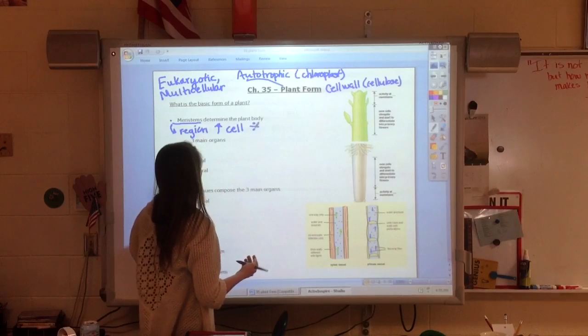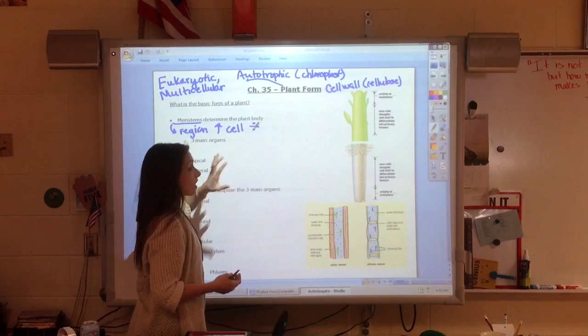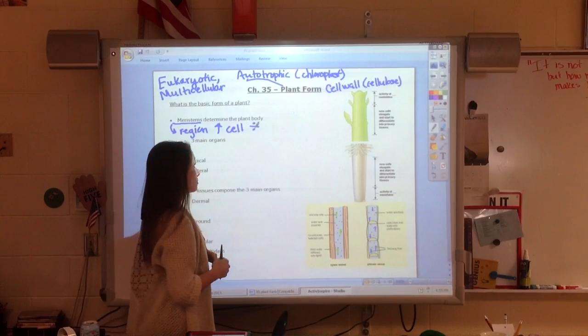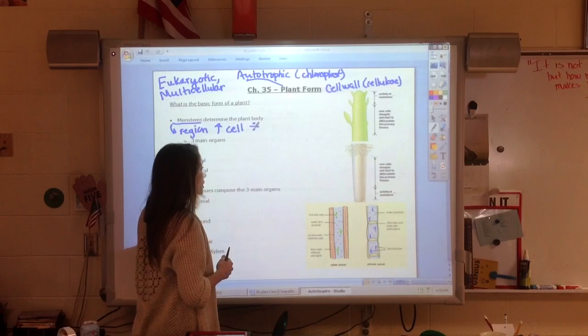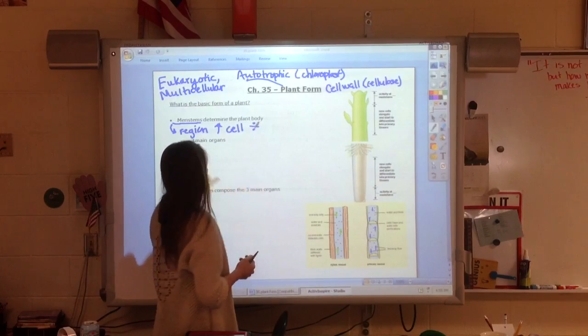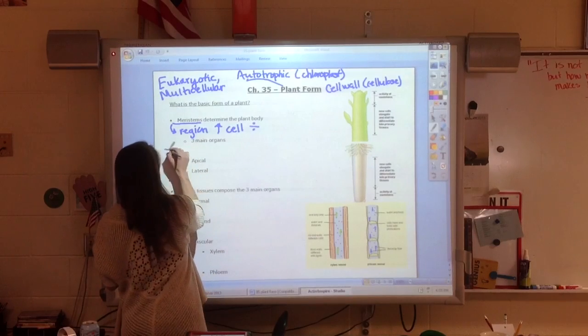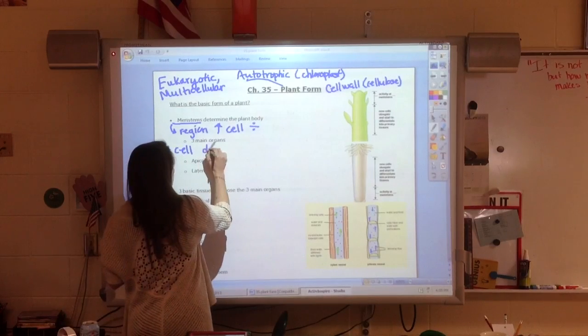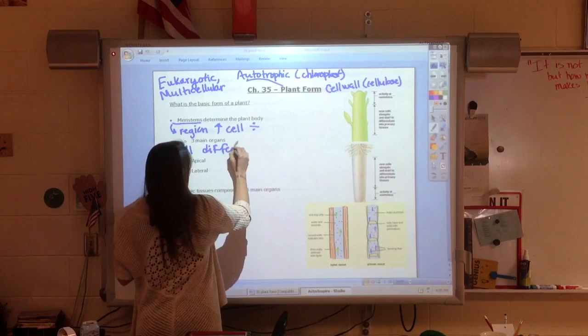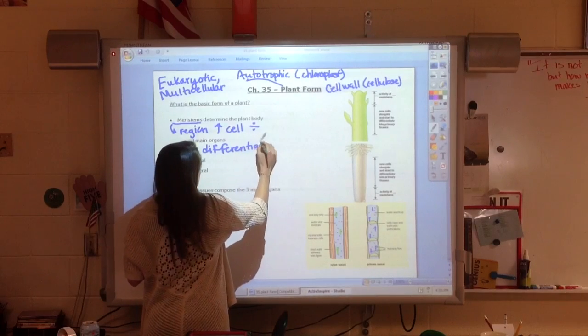Now, we don't have to know the apical meristems and the lateral meristems, but you do need to know that in a plant, there are lots of different regions of cell growth. These cells will grow into three main organs, so we are going to see a lot of cell differentiation, and that is where we're really going to focus today.